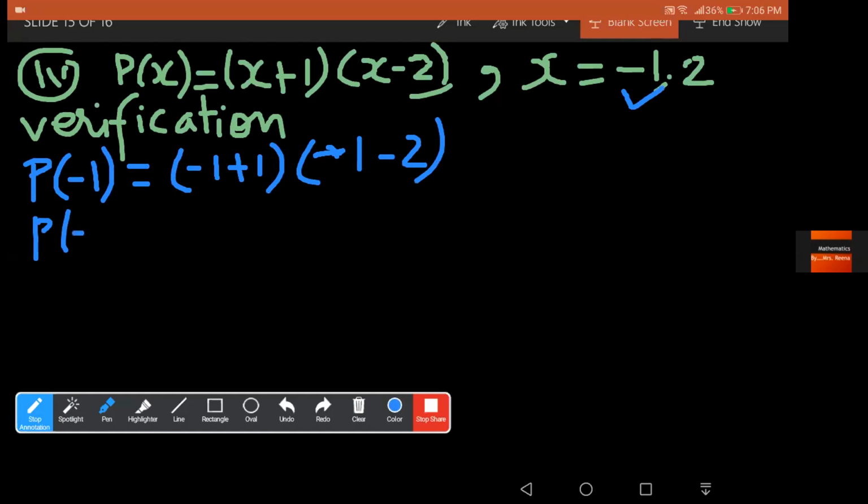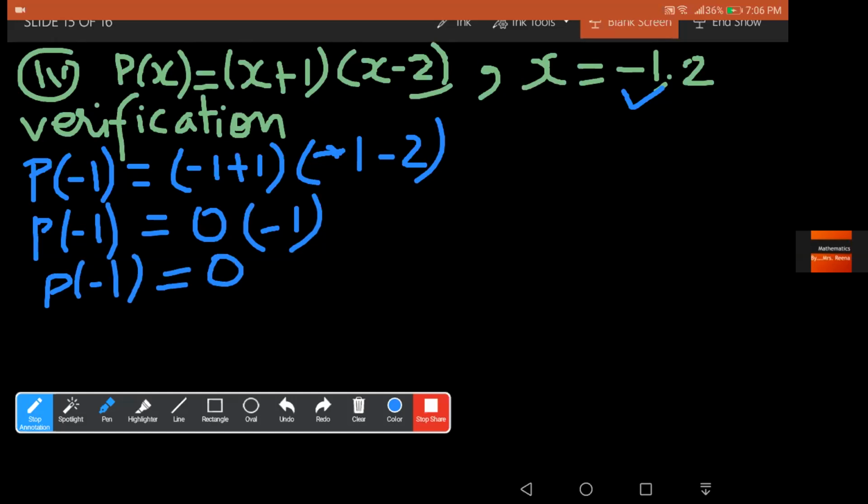So P of minus 1 will be 0 multiplied by minus 1 and that is equal to 0 only. तो पहले केस में तो हमारे पास आंसर आ गया 0. So we can say that yes, minus 1 is a zero of px.